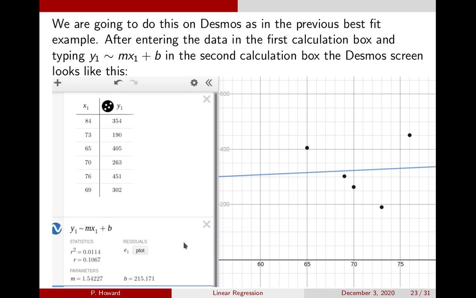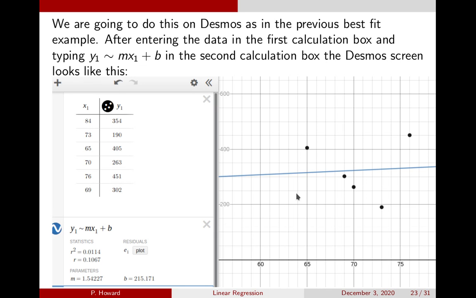And what we are interested in, since we want the best linear function for the data, are the values of m, 1.54227, and b, 215.171. The slope and the y-intercept of the best linear function.